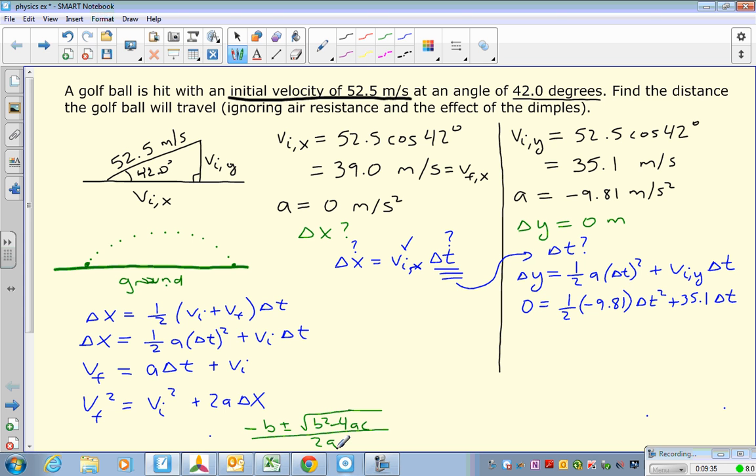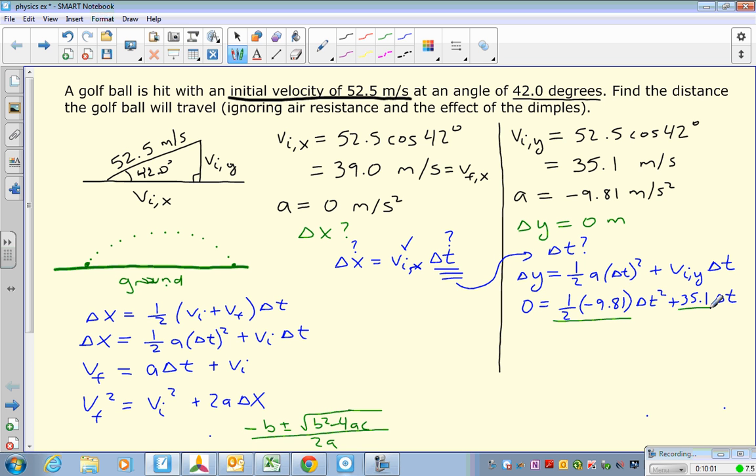Now a, b, and c are the coefficients where a goes with the second power, b goes with the first power, and c is just a number by itself. So if we look at this 1/2 times negative 9.81, that's our a value. This 35.1 is our b value. And if you notice, there's no number being added at the end, so the c value is 0.